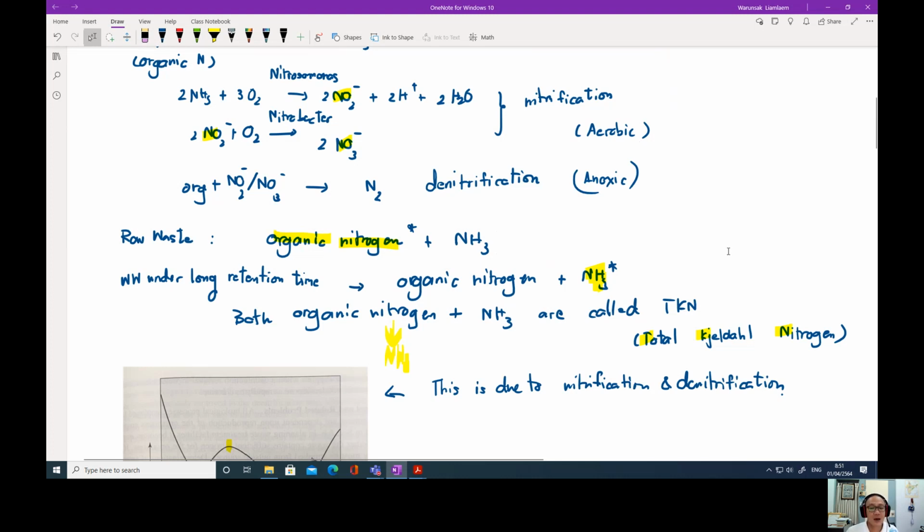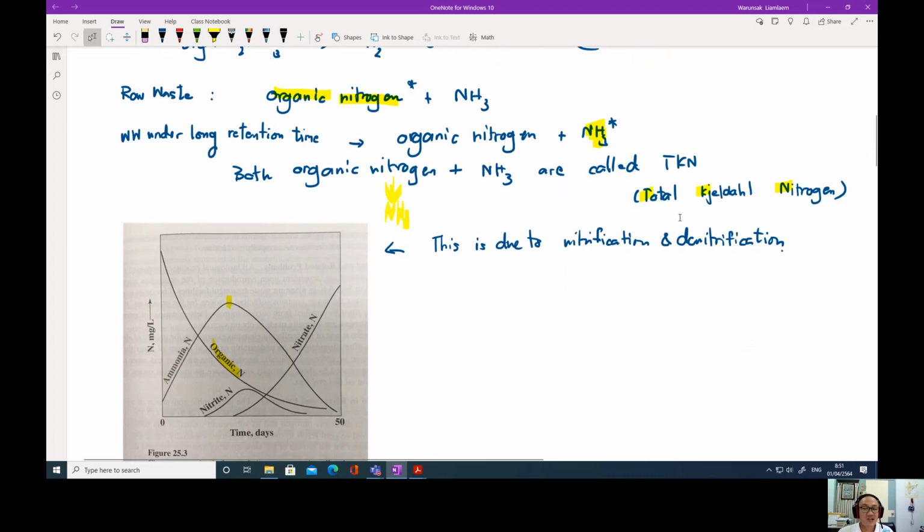But anyway, the combination of organic nitrogens with ammonia is called the TKN. TKN actually stands for total Kjeldahl nitrogen.